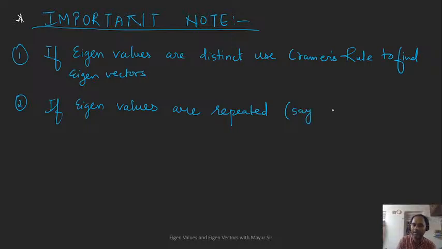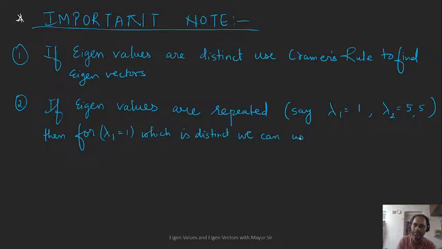say lambda 1 is 1 and lambda 2 is 5, then for lambda 1 equal to 1, which is distinct, we can use Cramer's rule to find the eigenvector.